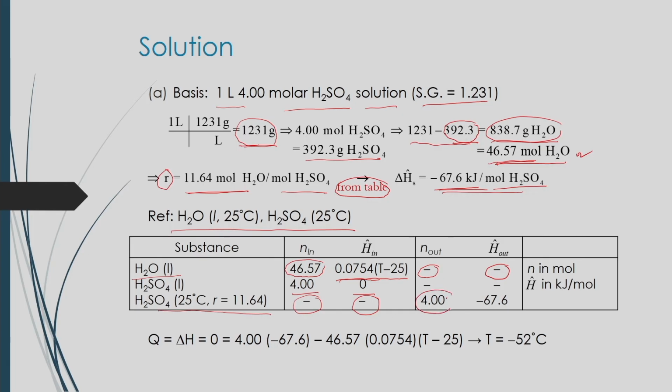Whereas in the output there will be sulfuric acid out at 4 mole, and the enthalpy of this outlet stream is minus 67.6. Finally, if you do the enthalpy balance based on the earlier equation that we have given, then we have the temperature as minus 52 degrees Celsius after simplification of this balance equation by substituting the various variables.